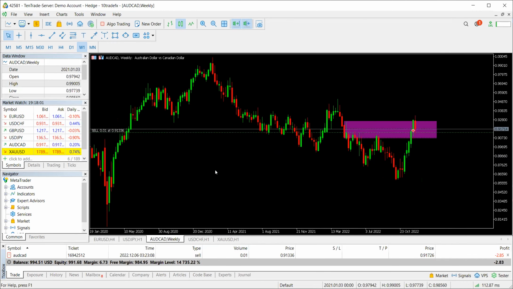So this is a particular chart, the same AUD card. Let's say I want to enter for a buy. Since you are on your demo account, as I'm doing this, you also want to be active on your MT5 as well.